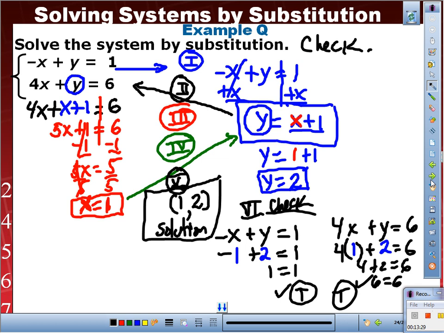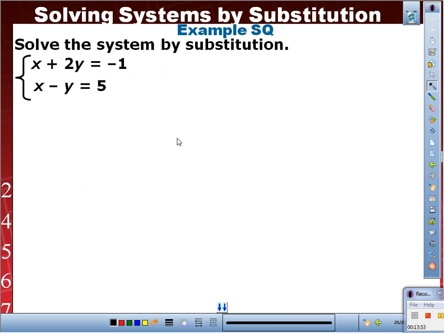Look at this one. Don't write anything down, but in your noodle, think. What would be the first thing you do on this one? Don't say it out loud. Keep it to yourself. Some of you said or thought, I'm going to use the first equation and solve for y.